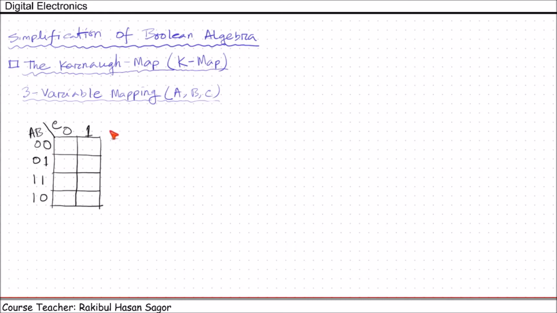Again, for 3 variable mapping, if someone wants to map in this fashion, where you put 1 variable on one side and 2 variables on another side, that means A on one side and BC on the other.